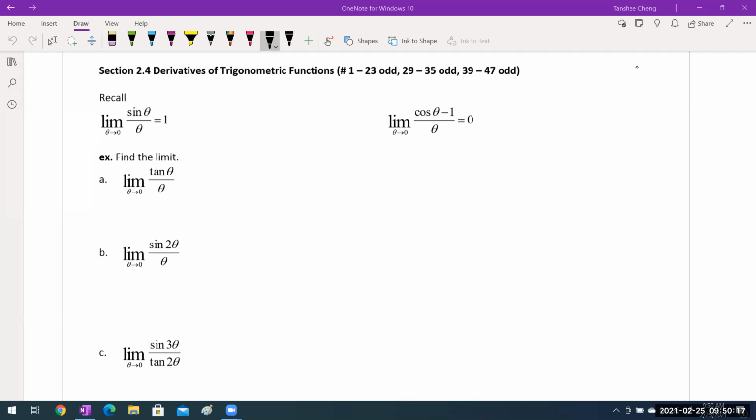In 2.4, we're going to look at the derivatives of trigonometric functions. First, we want to look at how to evaluate some of the limits of the trigonometric functions.